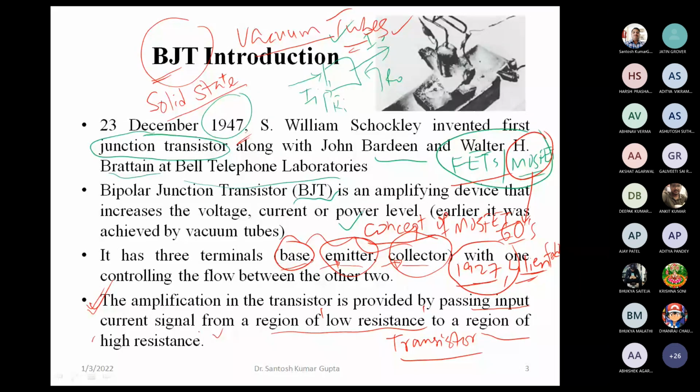If we are able to transfer this, we get the amplification. This is actually called voltage amplification. The reverse of this, if one passes a current signal from a high input resistance to a low output resistance, then one will get a current amplification kind of thing. So these are the different things which can be done.